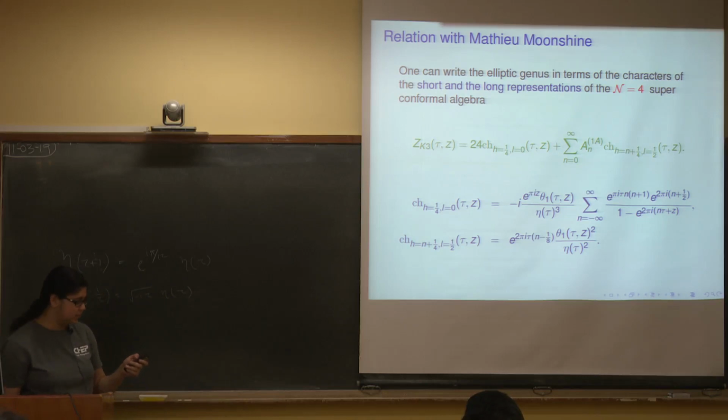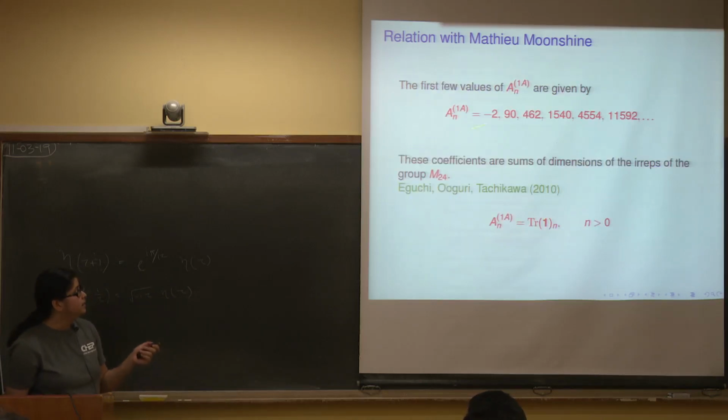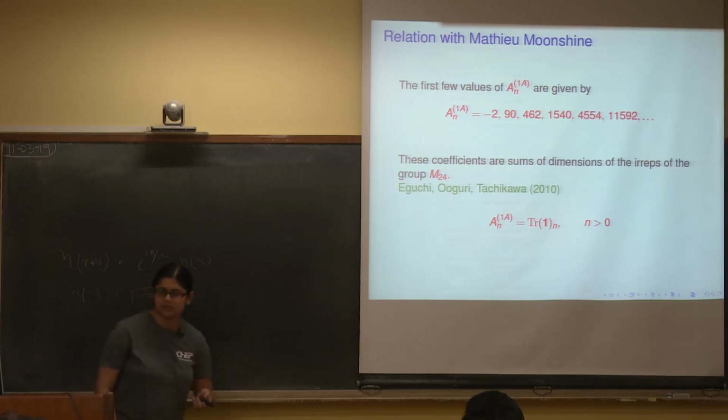M24 is actually a subgroup of this big monster group that we had. Then the first few indices of this A_n^1 are these, and this 90 can be written as 45 plus 45 bar, and this 462 can be written as 231 plus 231 bar, and this similarly.